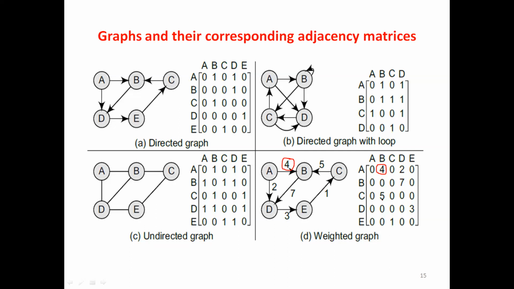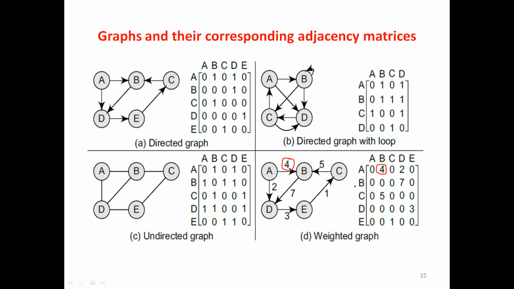So instead of enabling 1 for a connection, I am storing the weights of the edges in the matrix.